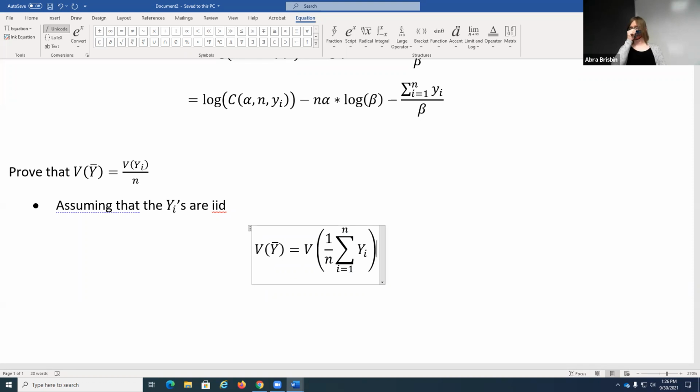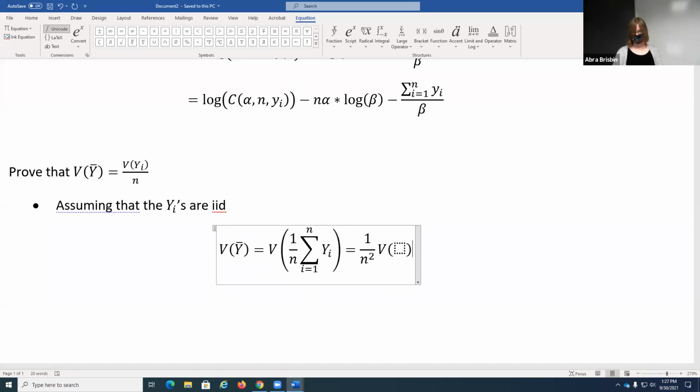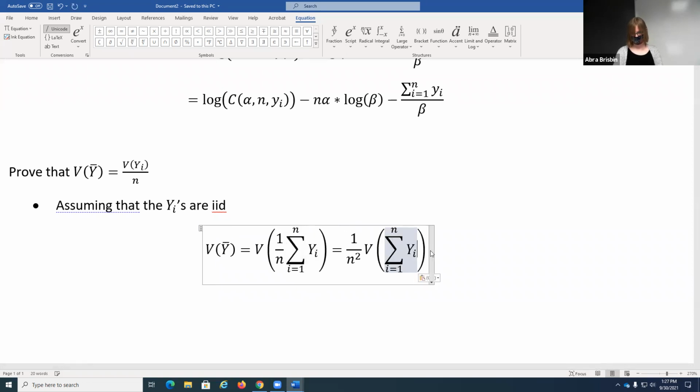All right, what can we do with that constant 1 over n? Kyle: pull it out and square it. Times the variance of the sum of the y sub i's.